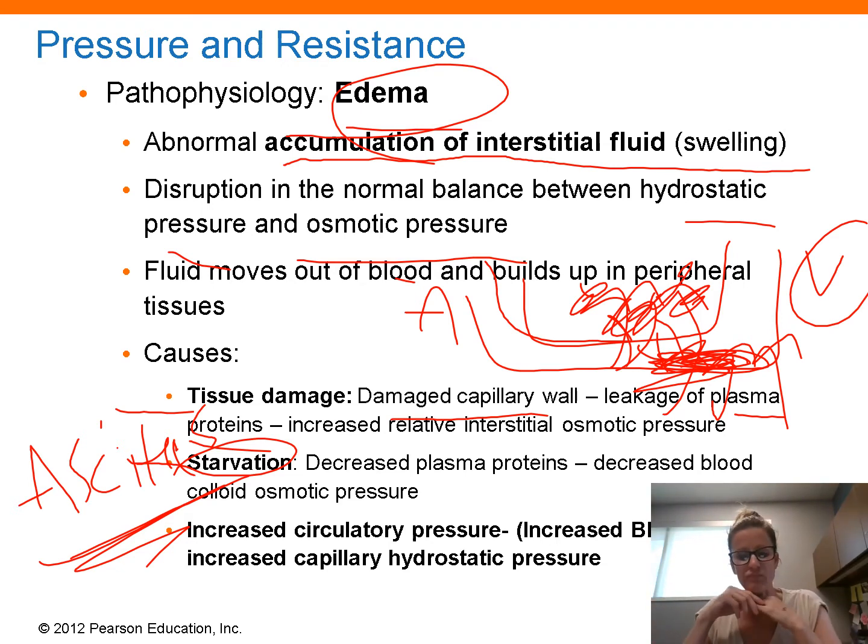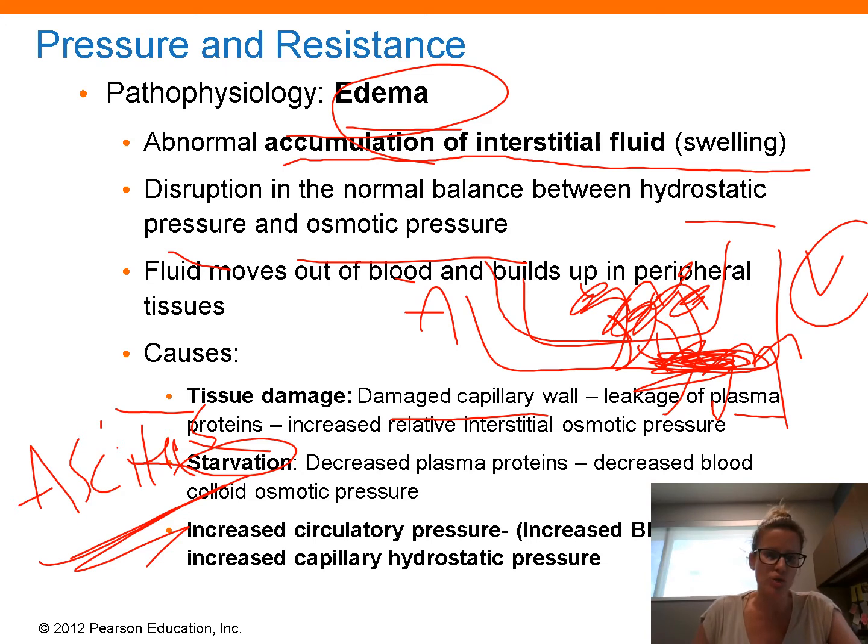This is why, like sometimes if you've ever watched articles or news stories on children, this happens frequently on the continent of Africa, of children who are suffering from starvation and their belly is sticking way out. And it seems weird because you're saying, okay, this person's starving, why is their stomach so big? The stomach is not fat. It's not big because it's fatty. It's big because it's full of fluid. There's a lot of fluid accumulating there.